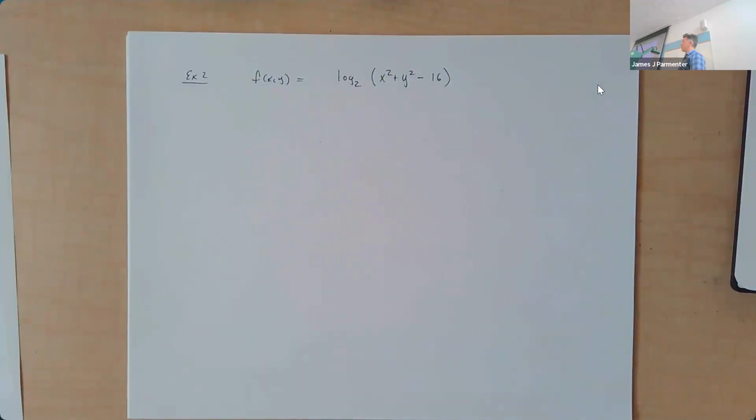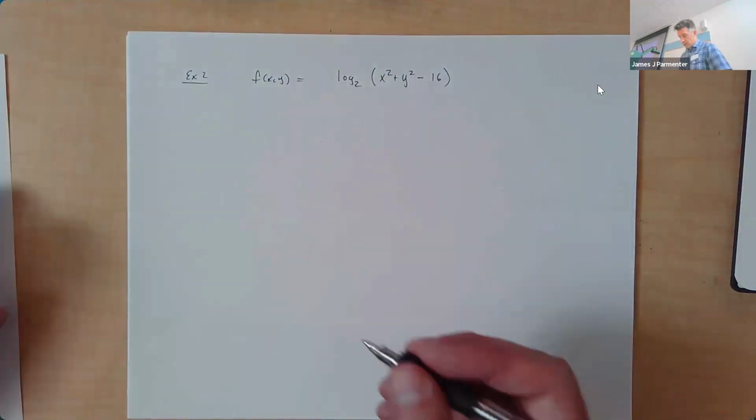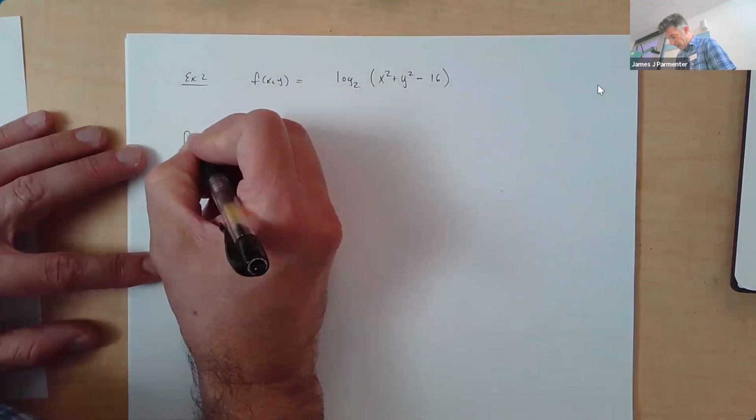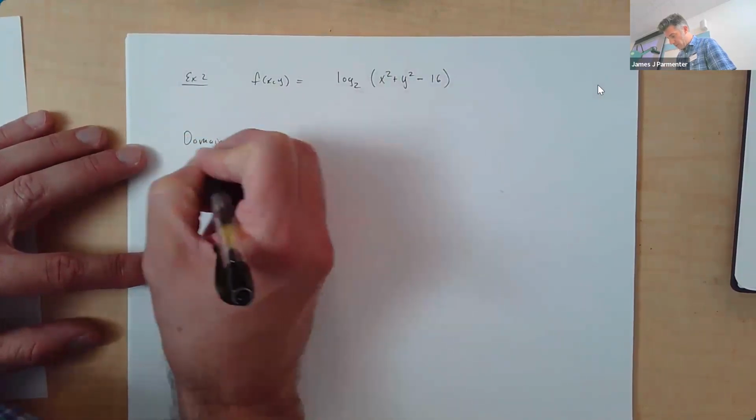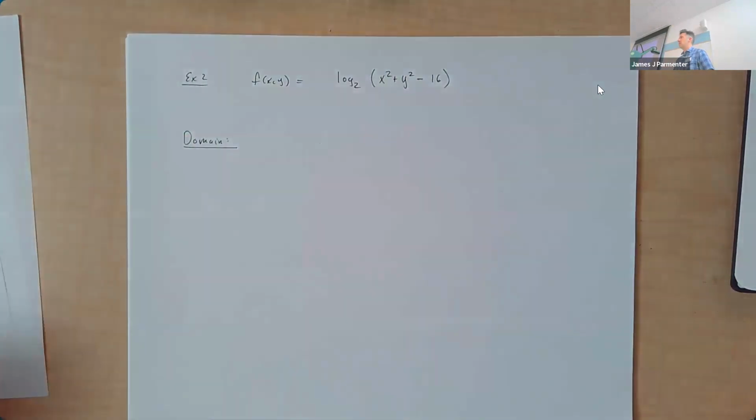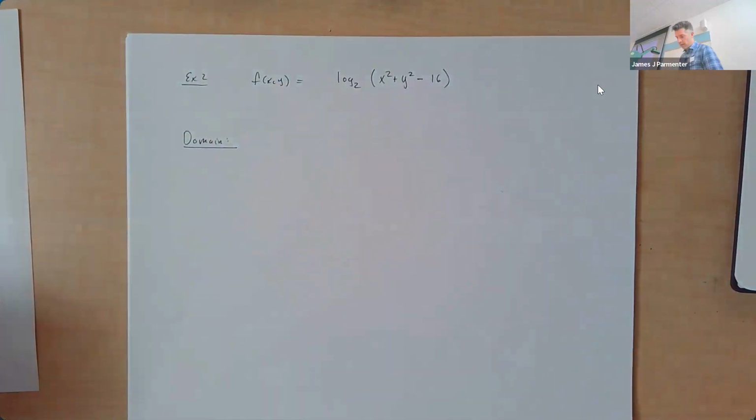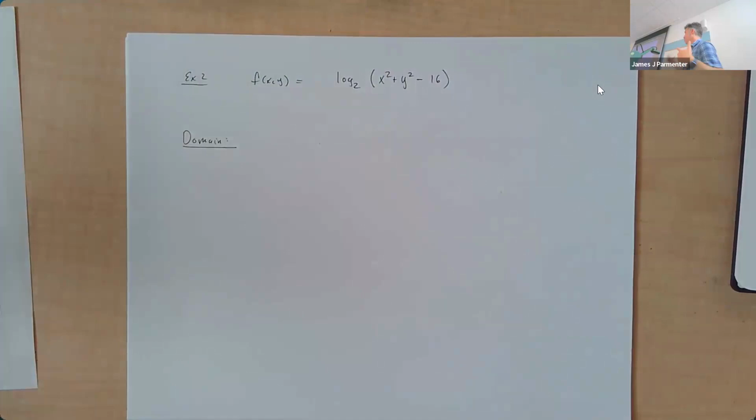And we're going to look at all the same sort of stuff: domain, range, level curves, etc. So for domain, same idea. We're trying to think about what kind of things x and y are like. Typically when you're thinking domain, there are three things you have to worry about. Can't divide by 0.